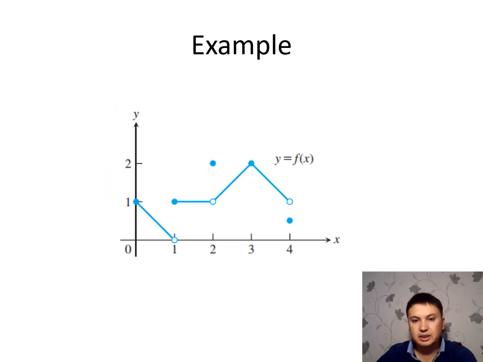So let us discuss this example. We cannot even ask what's happening on the negative values of x, because the function is not even defined, right? And beyond 4, again, we cannot ask because the function is not defined.